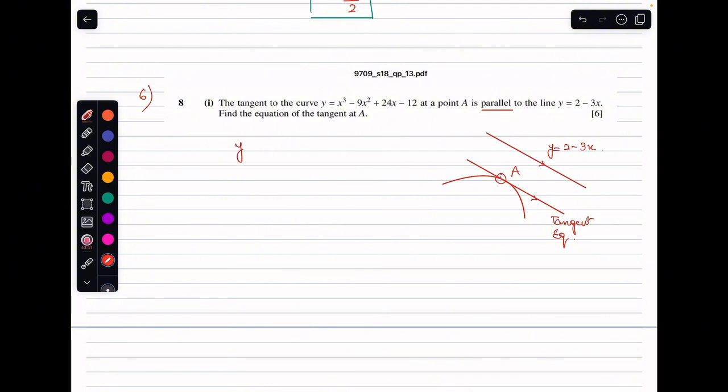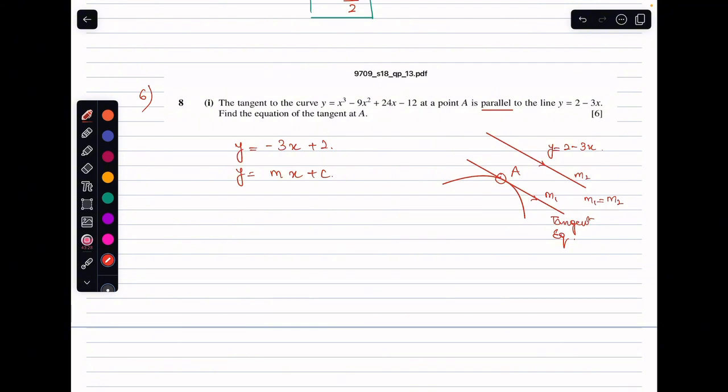So let's first analyze the line which is given to us as negative 3x. We know that a straight line is given as mx plus c. And as we are talking about the tangent being parallel, we know that m1 and m2 should be equal to each other, because when two lines are parallel, the gradients are equal.